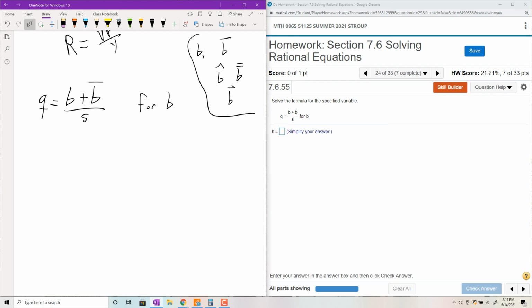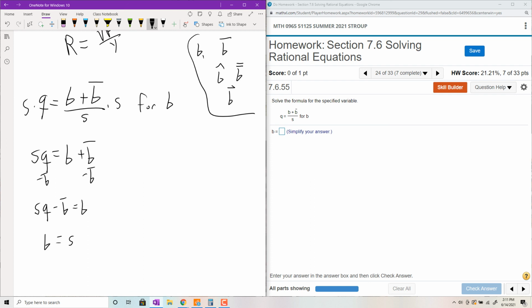So anyways, I'm going to multiply both sides by S. So I'll have SQ equals B plus B bar. Subtract B on both sides and flip-flop the equation. Whoops, I solved for B bar. I'm sorry. I want to solve for B. So I'm going to subtract B bar from both sides. And I'll get SQ minus B bar equals B. Flip-flop the sides.